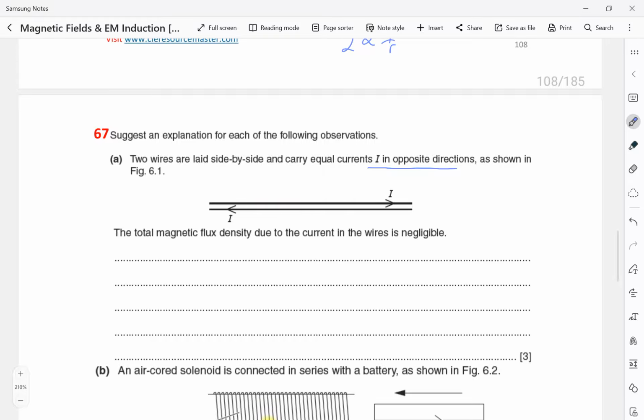The observation is that the total magnetic flux density due to the current in the wires is negligible. In other words, just saying B is negligible.